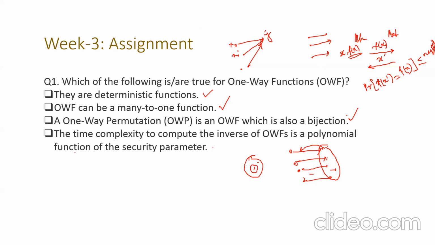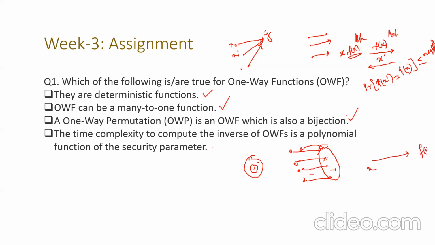So what is meant by polynomial function of security parameter? That would imply that it is easy to compute the inverse of OWFs. If I am saying that the inverse of OWF is a polynomial function of the security parameter, I mean to say that computing the inverse of OWF is an easy task. But that is how OWF is defined, right? Computing f(x) from x is easy, that's one way.